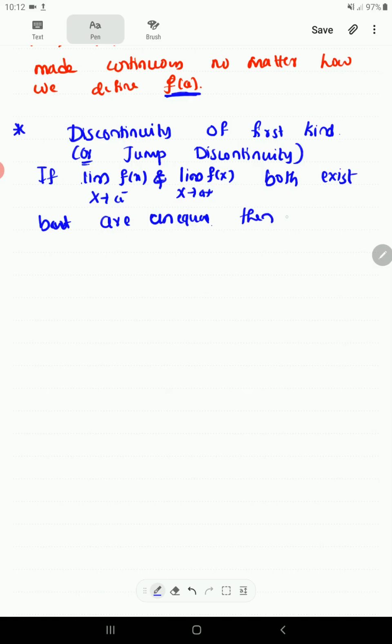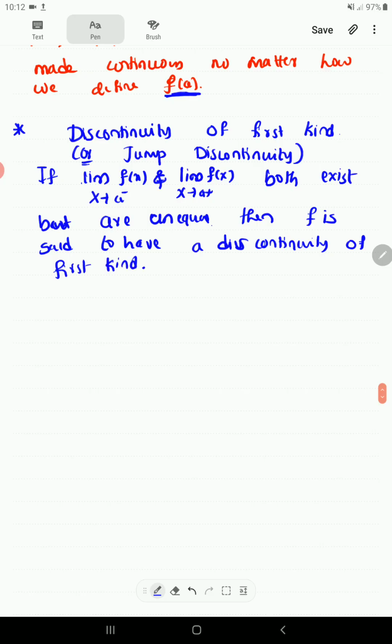Then f is said to have a discontinuity of the first kind at a, or a jump discontinuity at a.